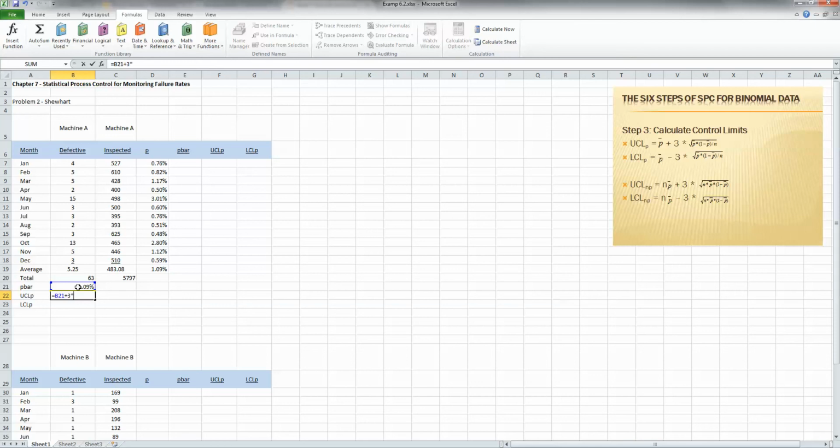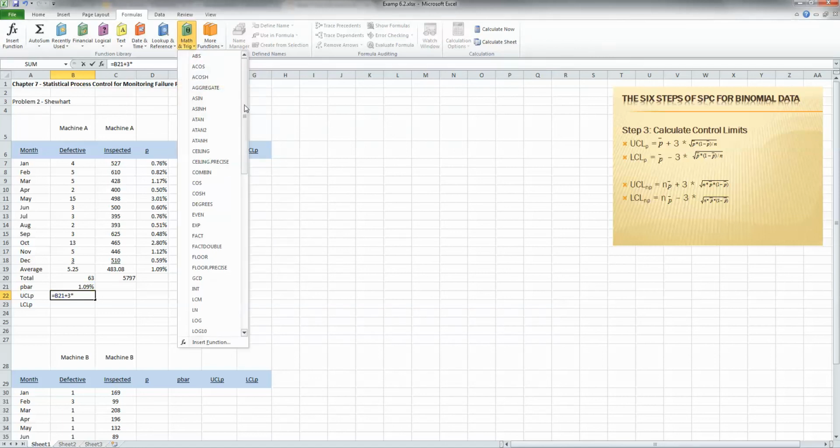So we will do a multiplication sign, and I happen to know what the formula prompt is for square root, but if you didn't know, you could go up here and look at the math formulas and go down, and there it is, SQRT.